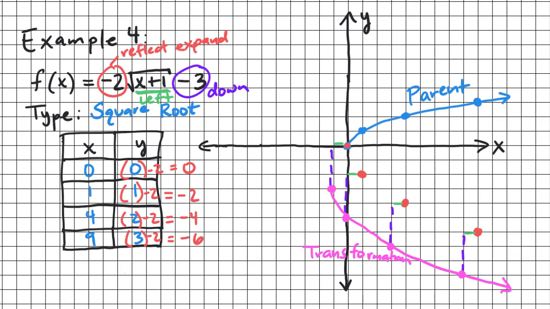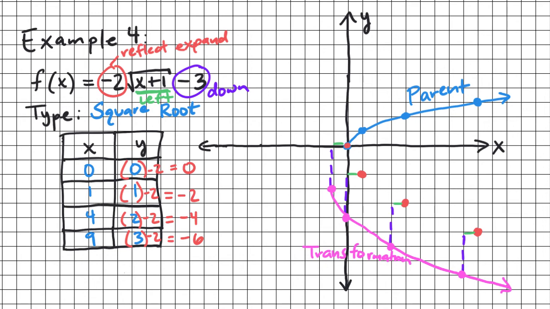Okay, so again, to recap what we did: the reflection and expansion by multiplying all the y values times negative 2, giving us new y values. So we plotted these new points. Then we moved all these points to the left 1 and down 3, giving us our final transformation.